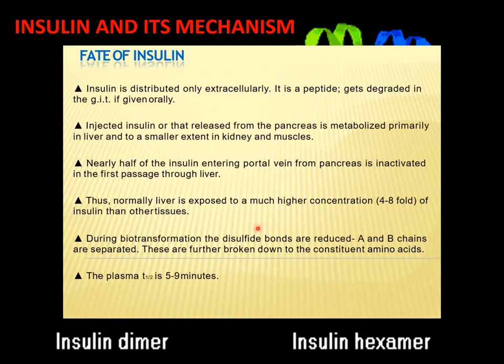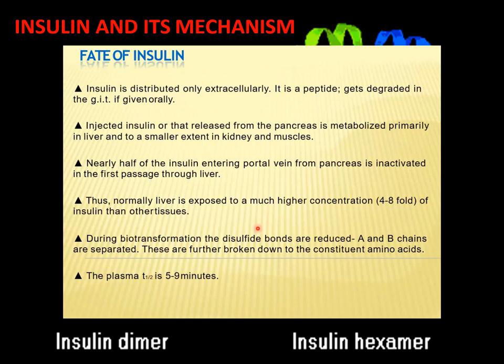In the first passage, the liver is normally exposed to a much higher concentration of insulin, roughly 4 to 8, about 6-fold higher than other tissues, because it is near the source.